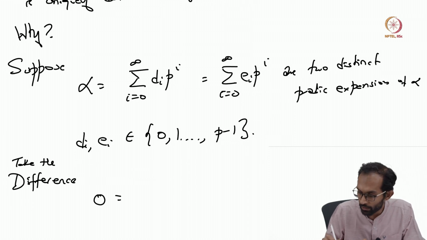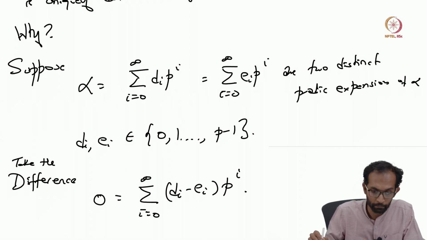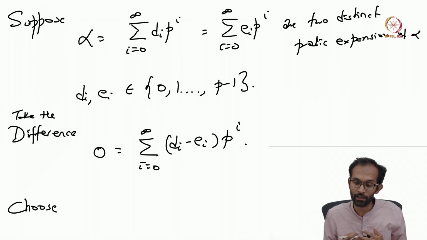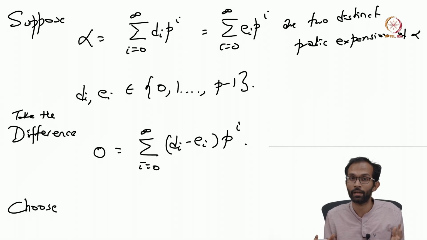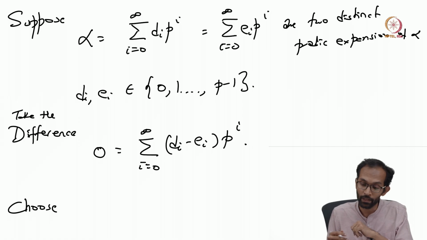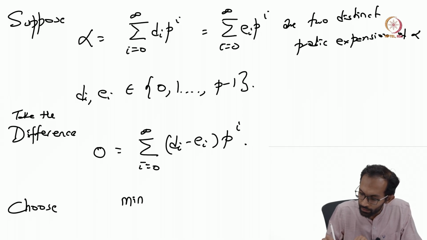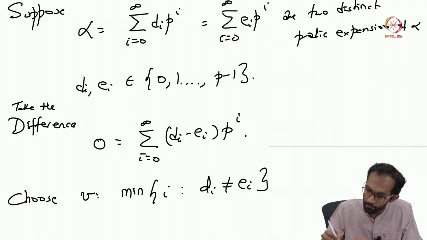you get that 0 equals summation i equals 0 to infinity of di minus ei times p raised to i. And now we are assuming that these digits correspond to the p-adic expansions of the same number, but somehow the p-adic expansions themselves are distinct. So these digits di and ei must be distinct for some indices. So you take the minimum index i such that di is not equal to ei.